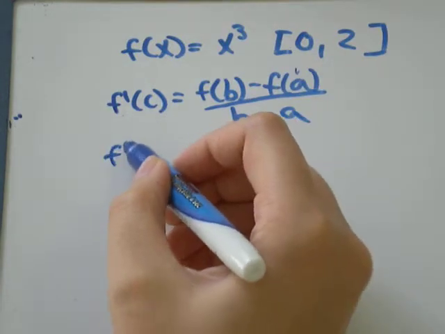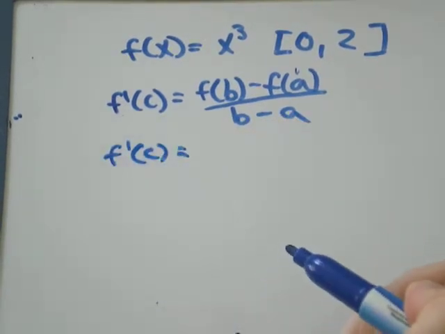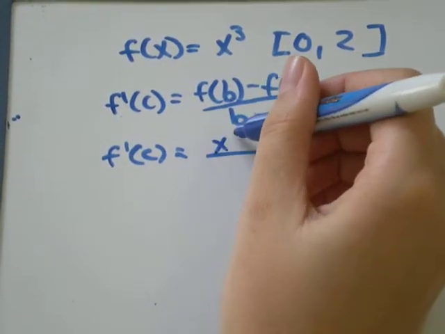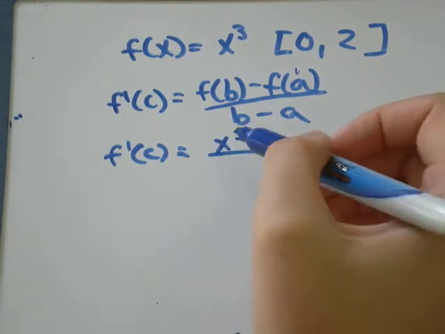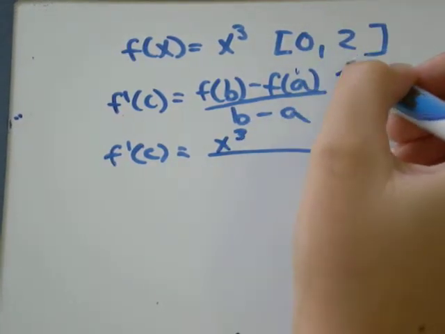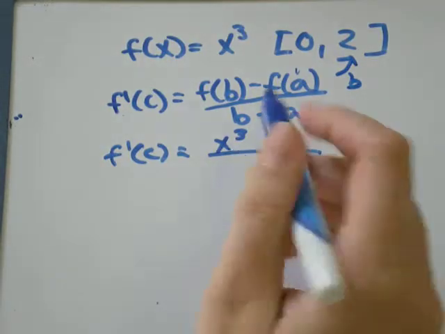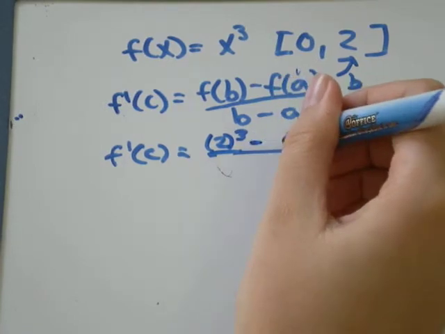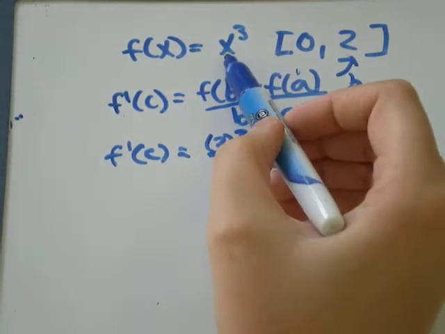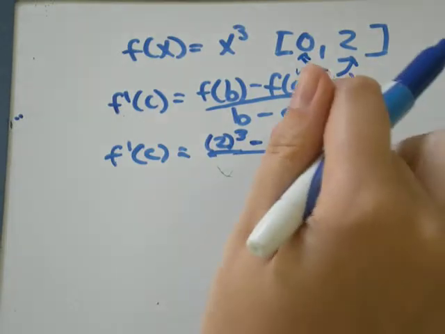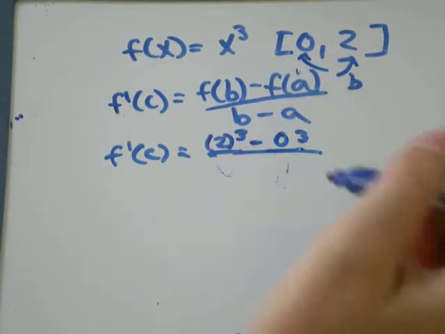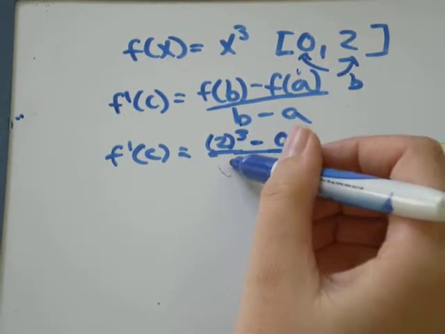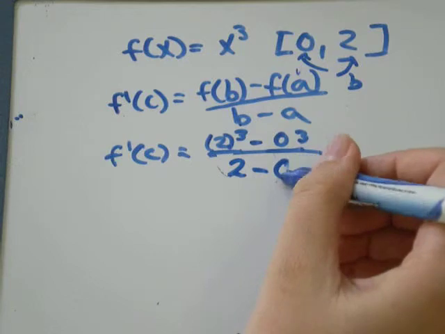Okay, so f prime of c is what we're solving for, so we don't know what that is. f of b is f of x, which is x cubed, but instead of x, we're at the point b. So instead of x cubed, it'll be our endpoint, 2 cubed, minus f of x when x equals 0, which is 0 cubed. On the bottom, we'll just have our interval: b is 2 minus a is 0.